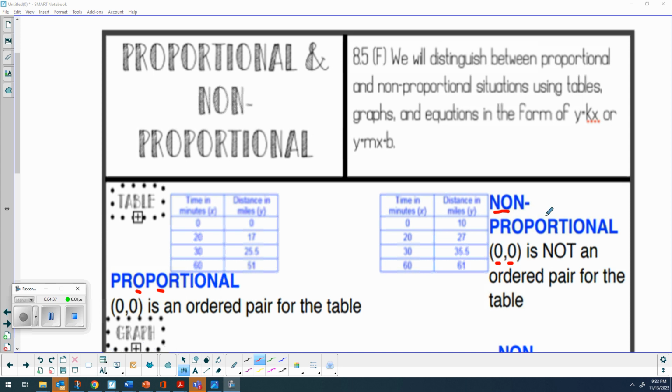When a table is non-proportional, just looking at the word non-proportional, that means there's no 0, 0 involved in any question type. So for example, in this table of values, when you're looking at the ordered pairs, there is no 0, 0 ordered pair. So this table would be considered not proportional.